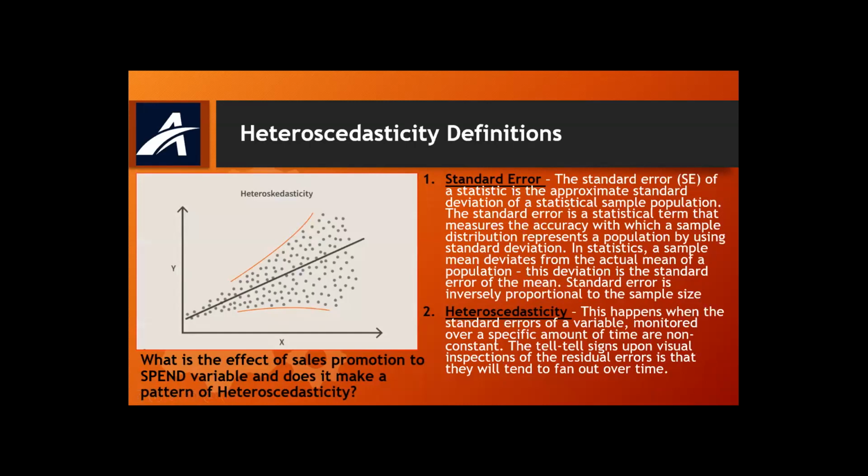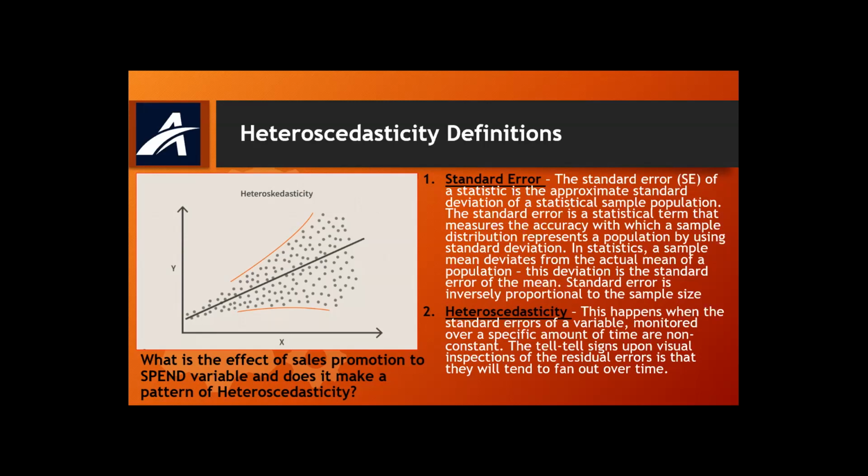Heteroscedasticity and homoscedasticity are the other concepts that you need to understand, and they are largely based on the assumptions of linear regression. One of the assumptions of linear regression is that the residuals need to be homoscedastic, meaning they need to have the same variance.